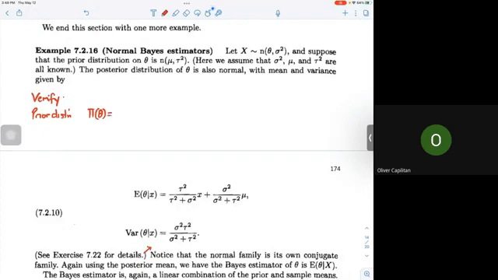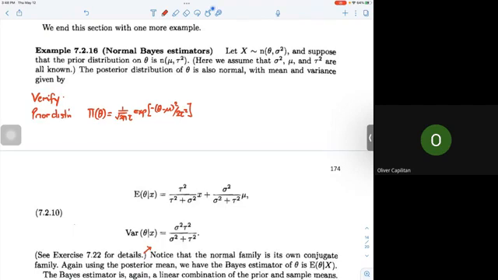So we have here 1 over the square root of 2 pi tau square, the exponential function of the negative of theta minus its mean quantity squared divided by 2 tau square. That is our prior distribution.